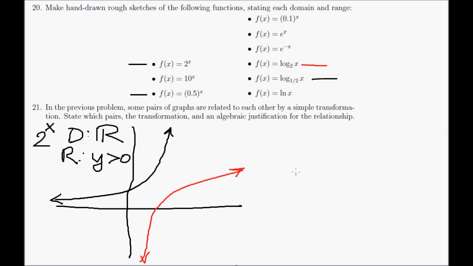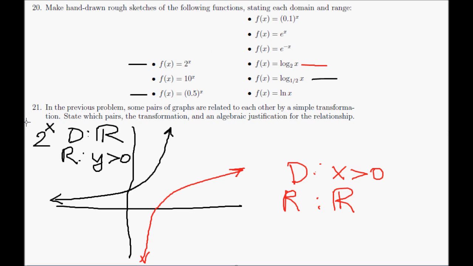So the domain of this function will be the flip of what I had before, x greater than 0. Here the range was all positive real numbers; here the domain will be all positive real numbers. The previous domain was all real numbers, and so the range of this function will be all real numbers. So those are the properties of the logarithmic function, and there's an algebraic relationship because 2 to the x and log of x base 2 are inverse functions.